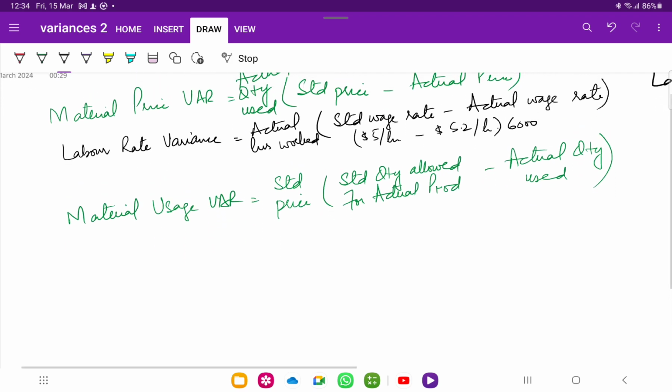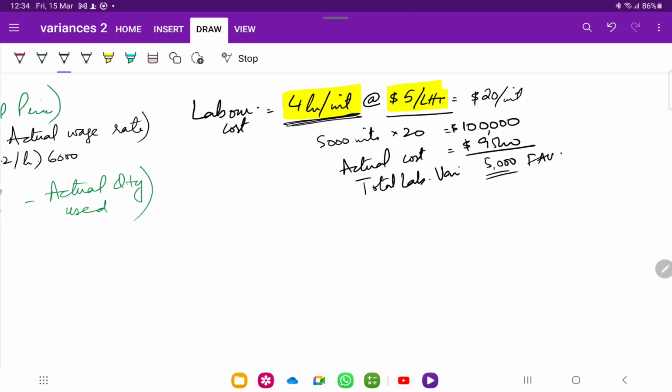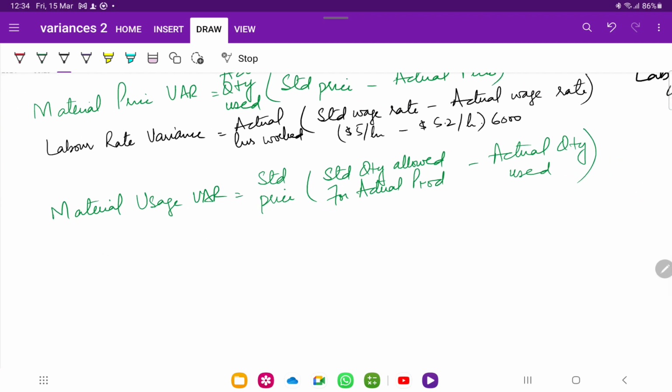Similarly, the second part is the manufacturing time of labor. That part we call labor efficiency variance. Efficiency variance is, again, instead of using the word quantity, we will use the word hours.